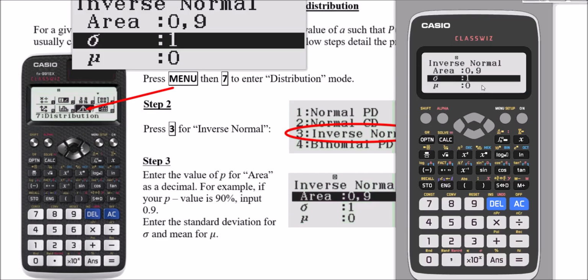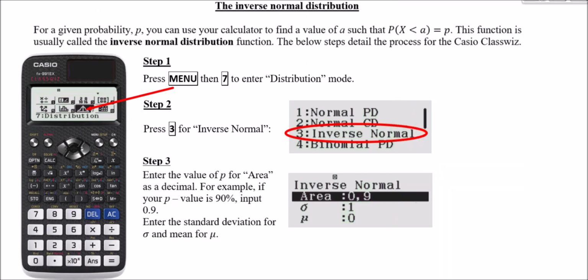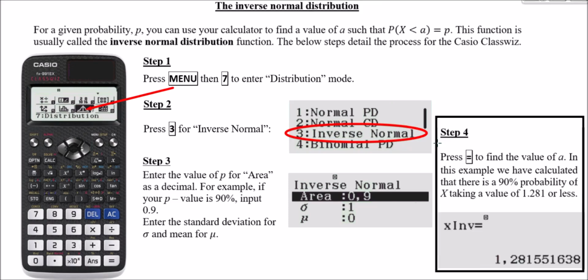What point on my normal distribution, if I leave the standard deviation as 1 and the mean as 0, what value along this curve would give me an area of 90% of the curve from that value all the way to the left? The final step is to simply press equals to find that value of A.